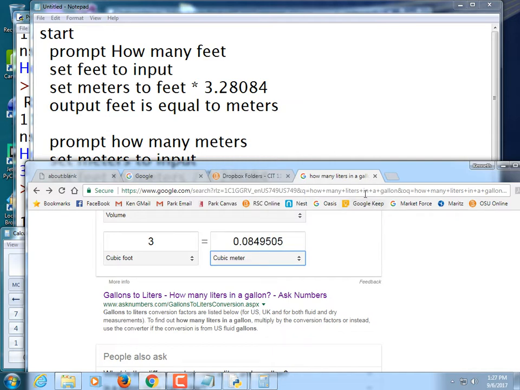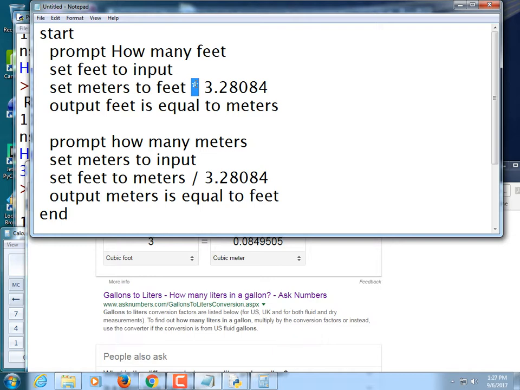Okay. So, if I enter 3 for feet, it's 0.8. You have to enter it backwards. Oh, I did it backwards. So you're saying I should probably divide here? Yeah.